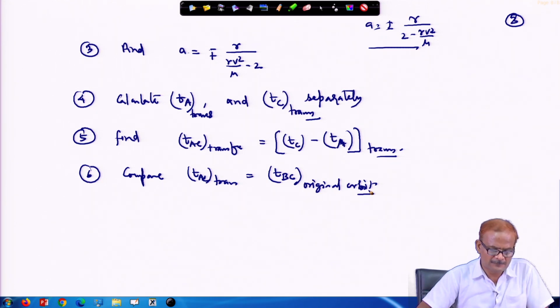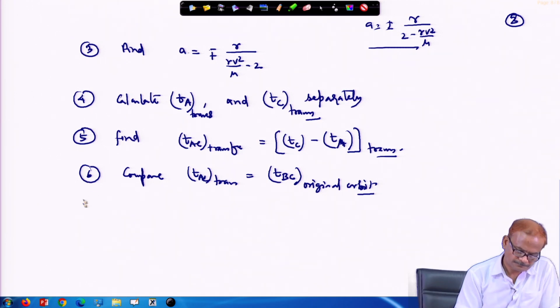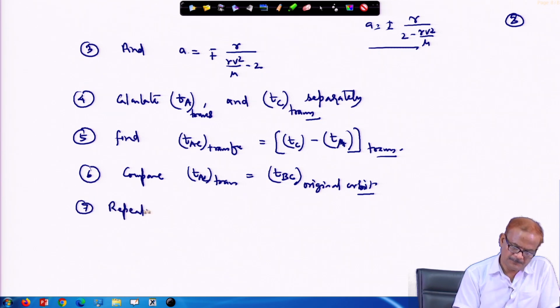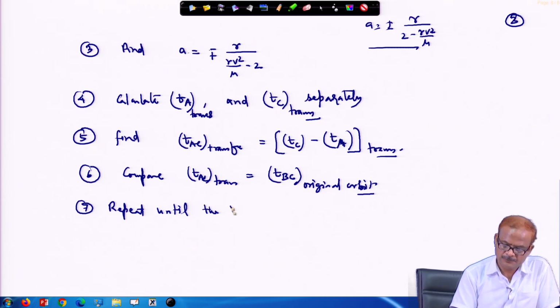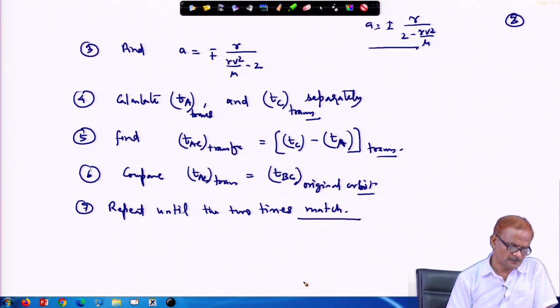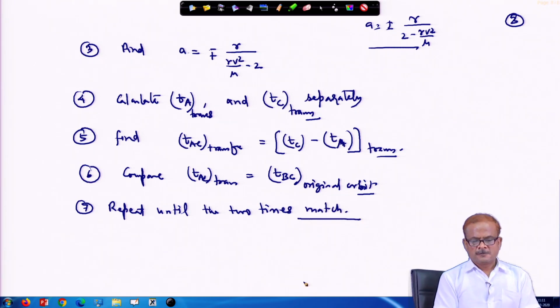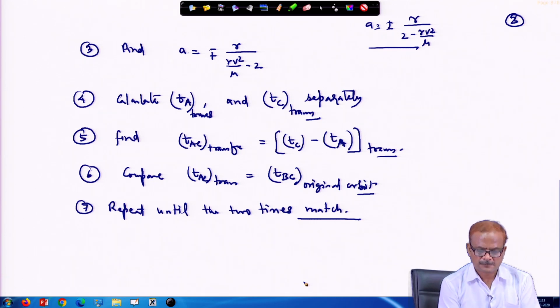If not, then we have to repeat from step 1, repeat until the 2 times match. Okay, so this is the process involved.